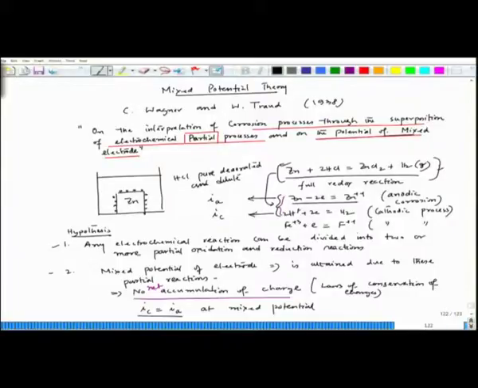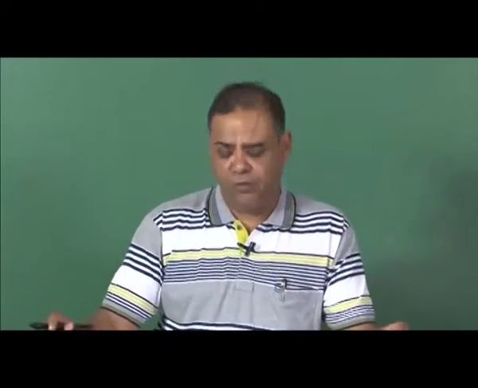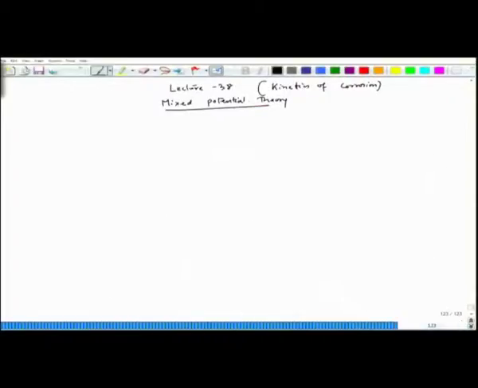IA equal to IC means that, for example, when a metal is electrically isolated, there should be no net current flow. In fact, if I look at this particular example where zinc is immersed in HCl, there is actually no net current flow in the zinc.